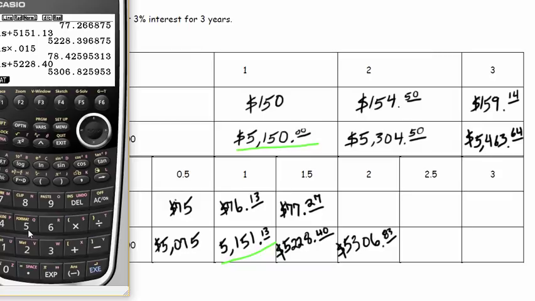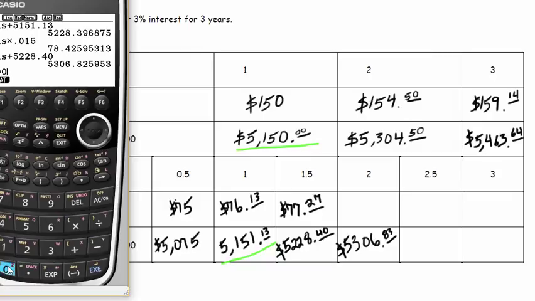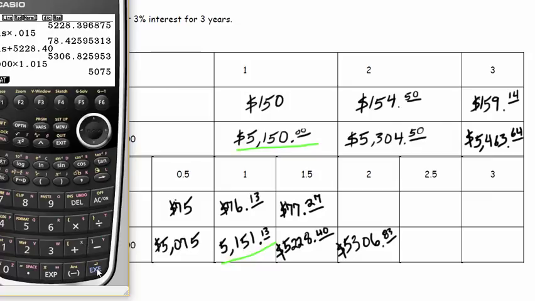If I start with $5,000 and multiply this by 1.015. So the 1 is the 100% that I keep, that 5,000, and then this 0.015 is the interest that I'm earning.